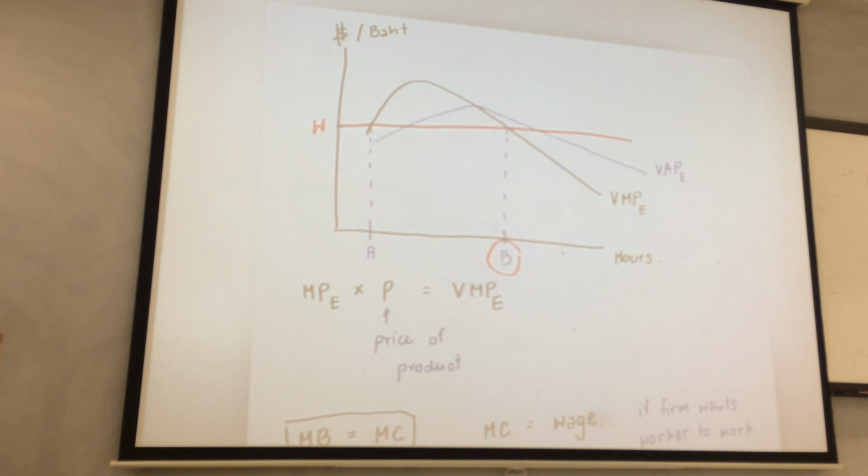I was saying that if you have W, you can pinpoint the exact optimal level of hiring, right? With a specific W, you can probably tell right away what level of hours you would like to hire.